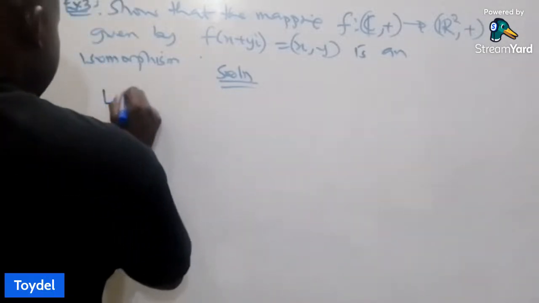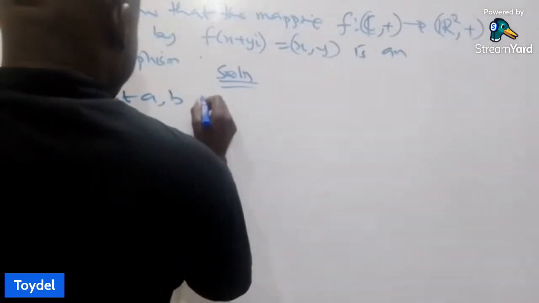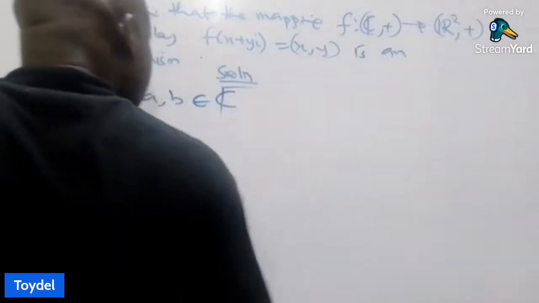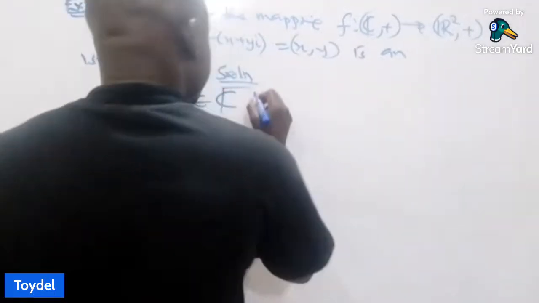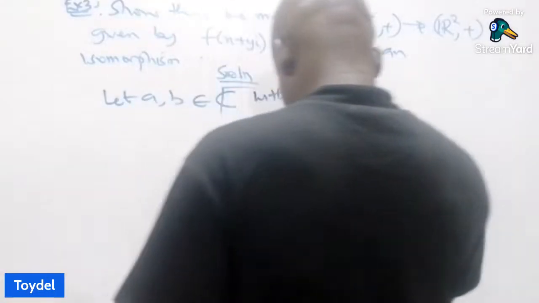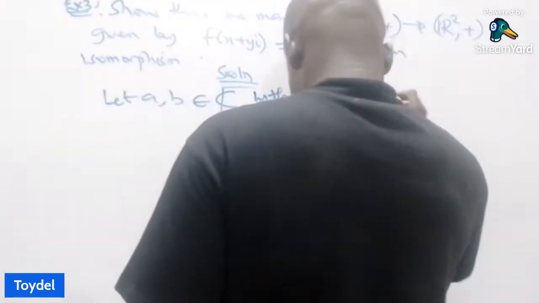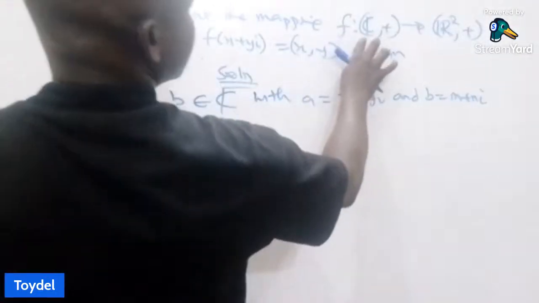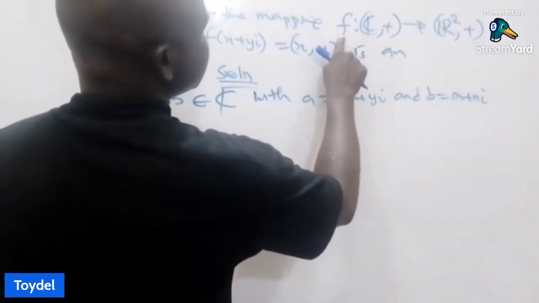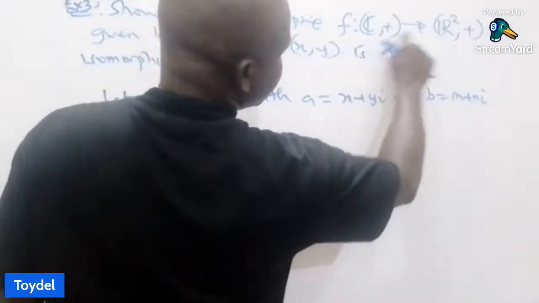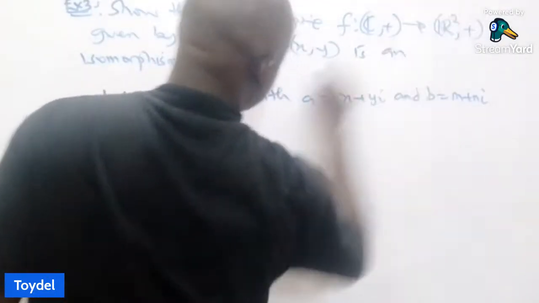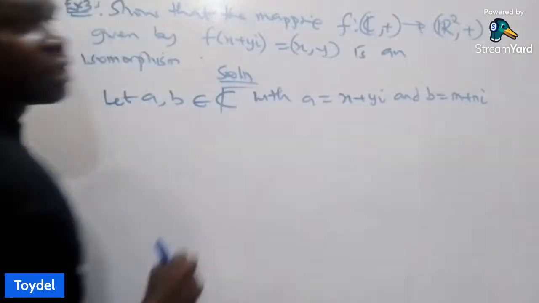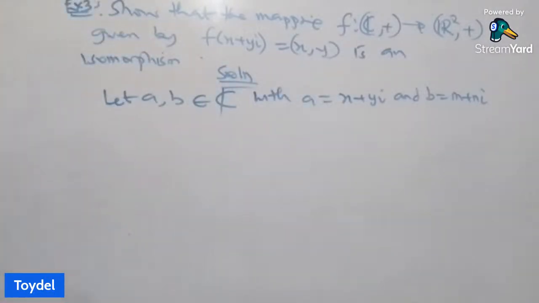Let a, b belong to the set of complex numbers, with a equal to x plus yi and b equal to m plus ni, because this homomorphism is defined from complex numbers to real numbers, but in R2. That's why we have coordinates x, y. We can also have R3, so we have x, y, z. But in this case, this is what we are given.